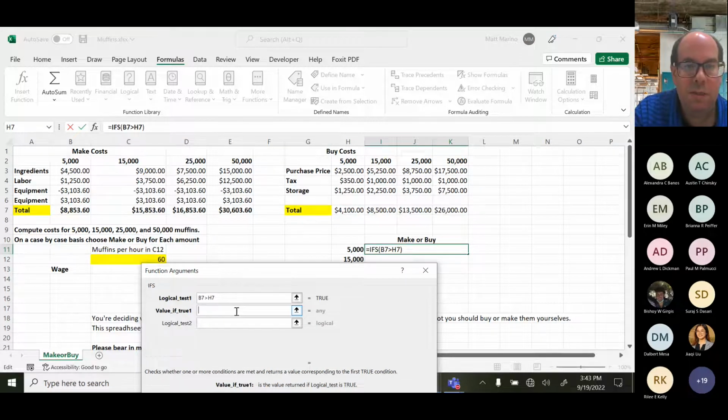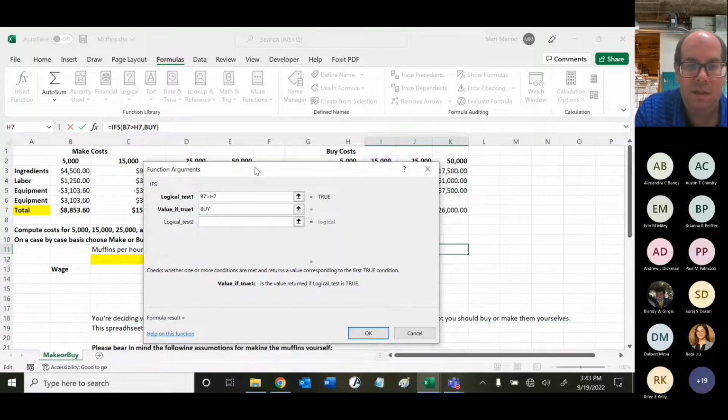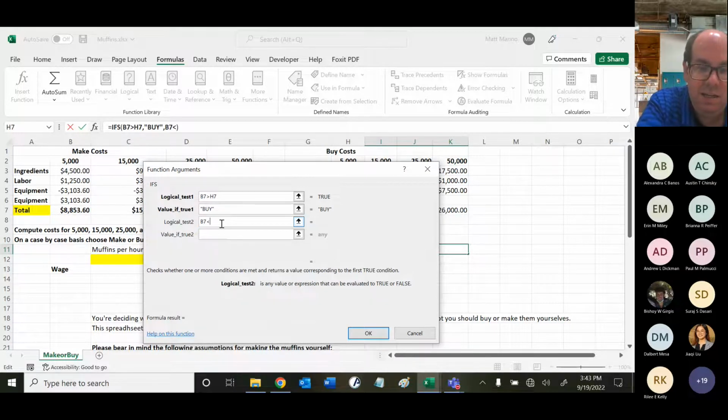So if our make cost is greater than our buy cost, what do we want to do? Buy, because it's cheaper. Yep. And then the opposite must be true. B7 less than H7, and that would be make.